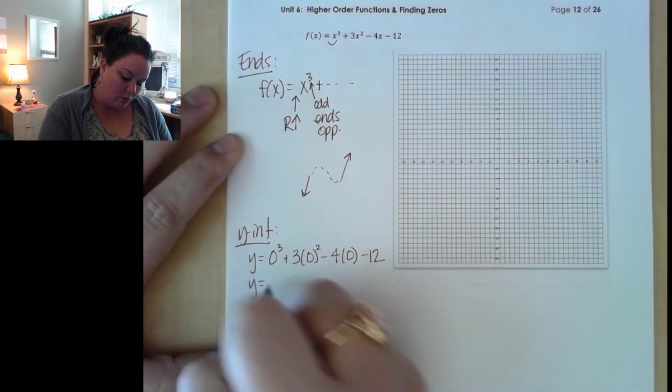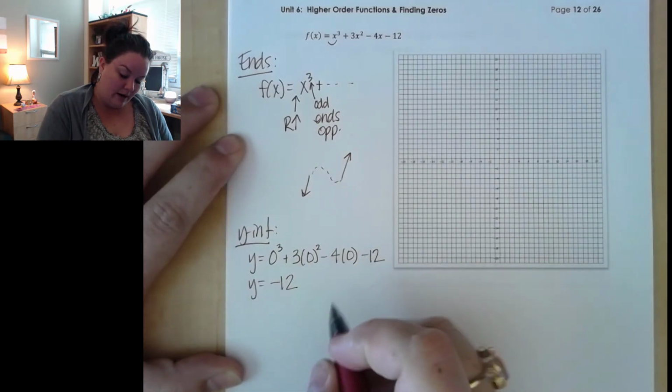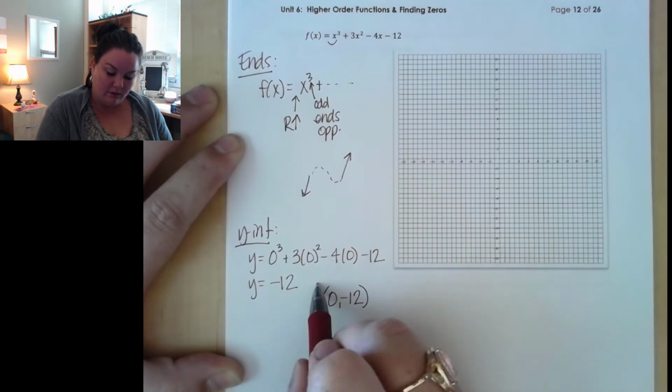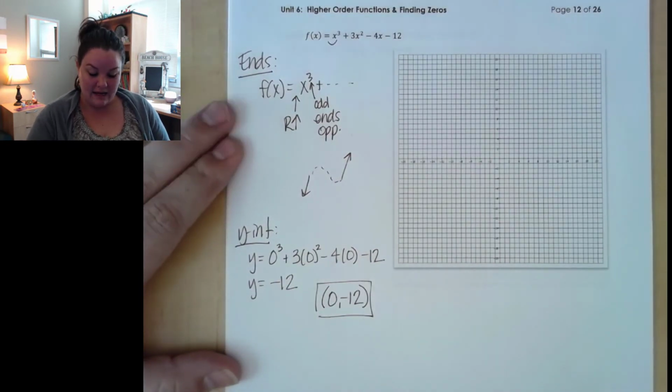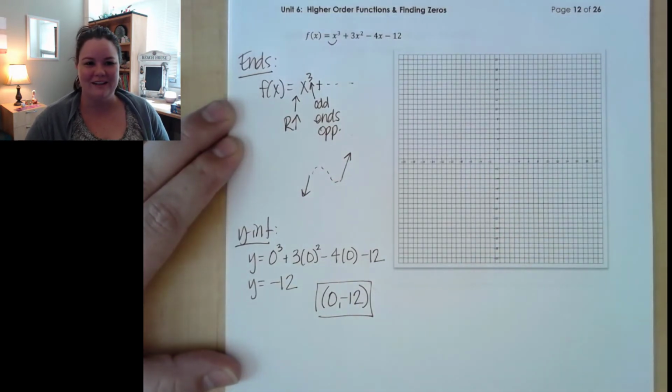And I'm just left with y equals negative 12. Again, we want to make sure that we write it as an ordered pair. So as an ordered pair, this would be the point (0, -12), because we put 0 in for x, and we got negative 12 out for our y. Okay, and negative 12 is actually on our graph, right?